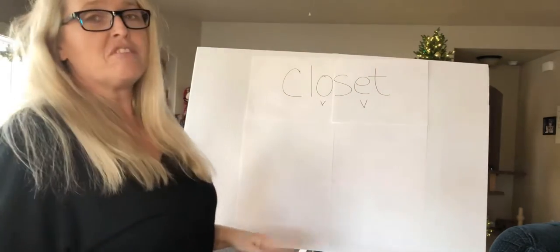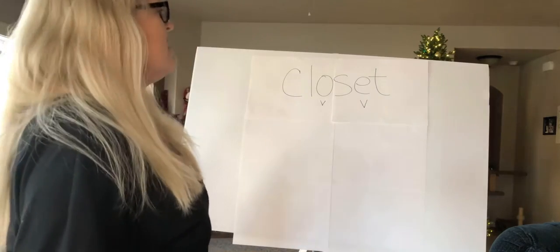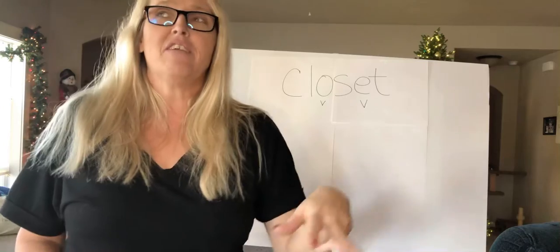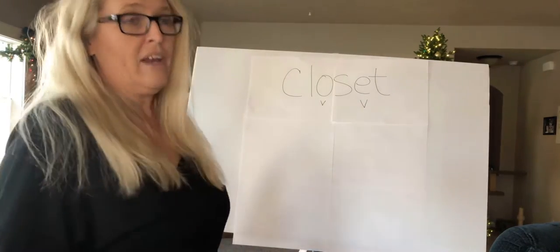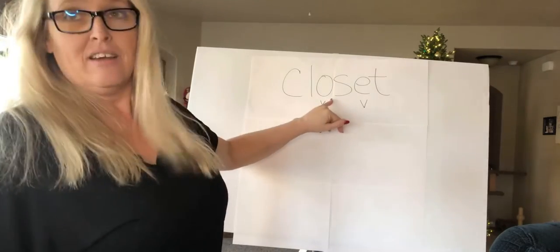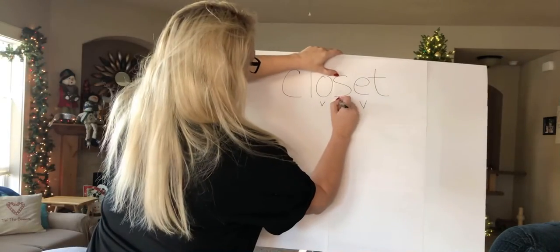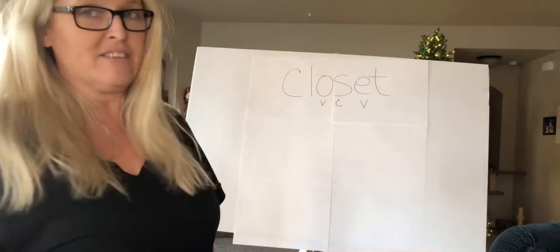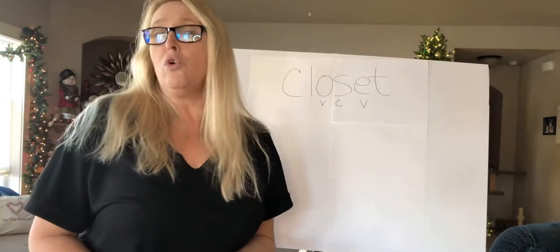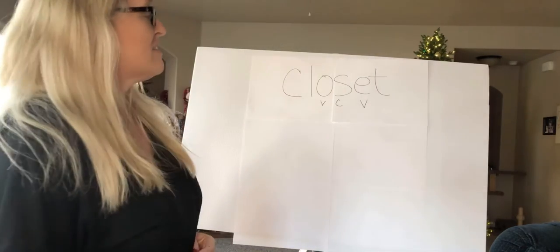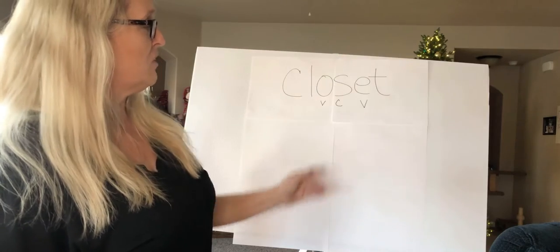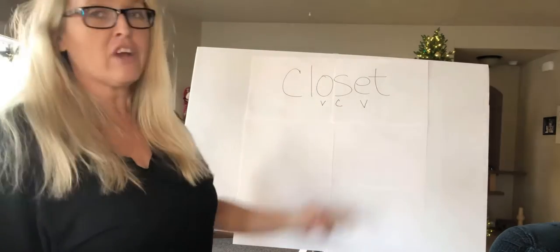Now our next step is to identify the consonants. How many consonants are between our VCV pattern? One, correct. Our consonant in this case is the letter S, so we're going to label that with the letter S. Now, continuing with the original rule of dividing the syllable before the consonant, you would divide it after the first vowel and before the consonant.